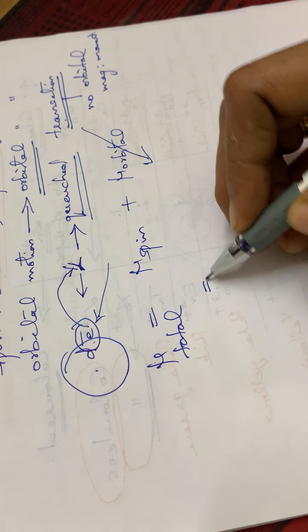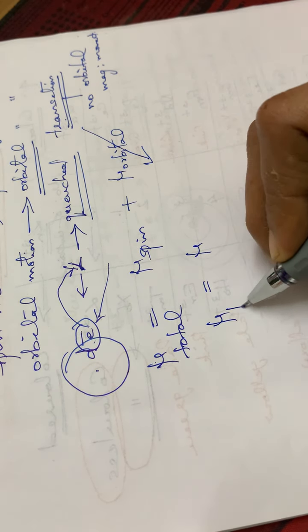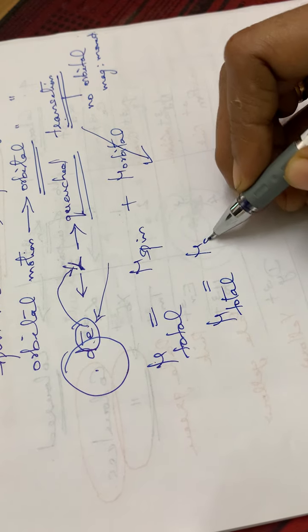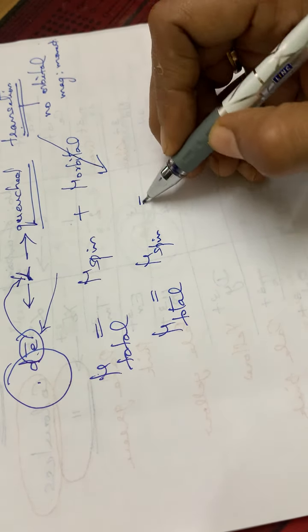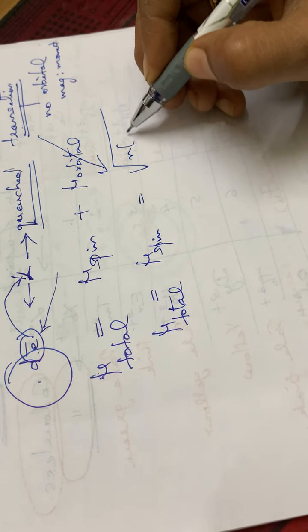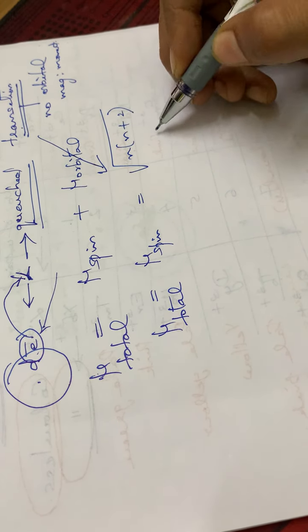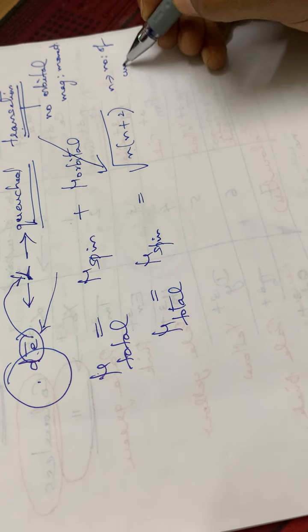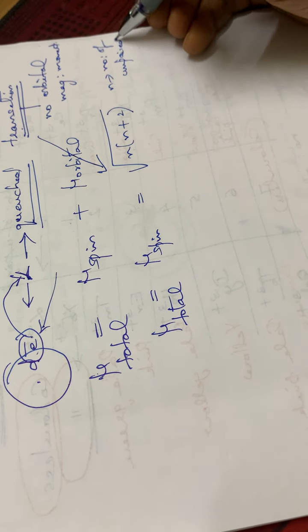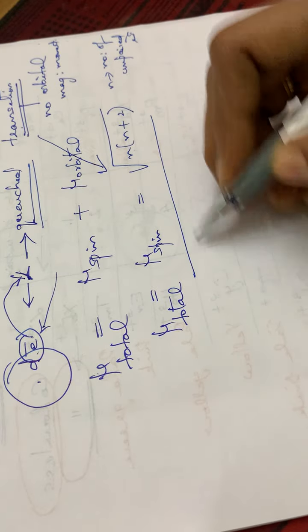So mu total equals mu spin, which equals the square root of n into n plus 2, where n is the number of unpaired electrons. This is just a repetition of what we saw in transition elements.